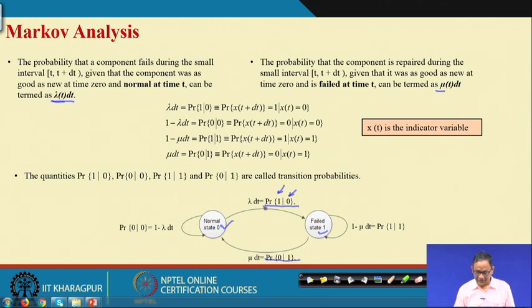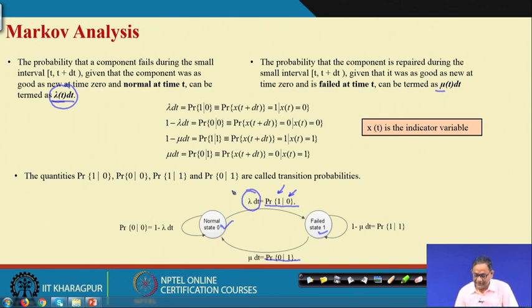So, that is why, if the component is at working state at time t, the probability that it will fail at time t plus delta t is nothing but lambda t dt. That is what is written here.